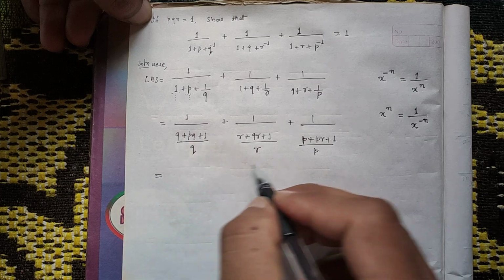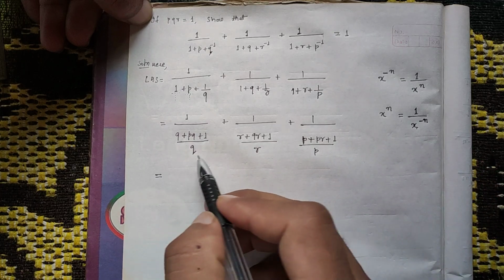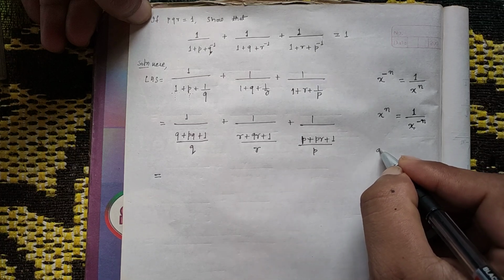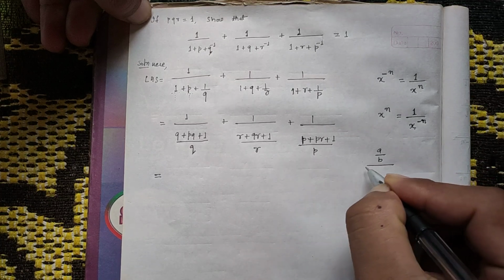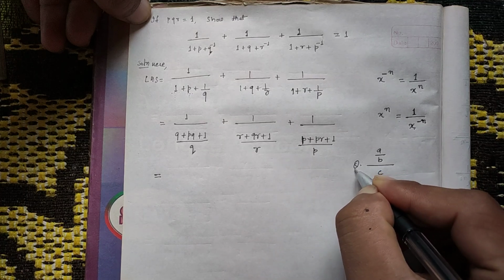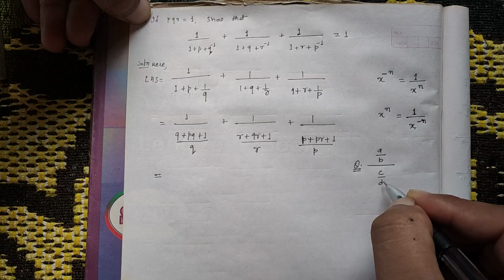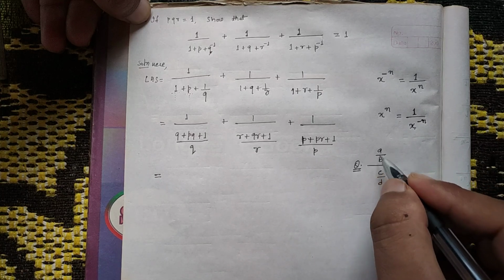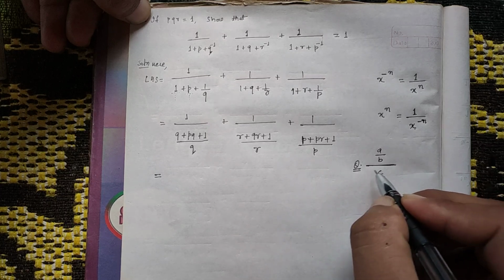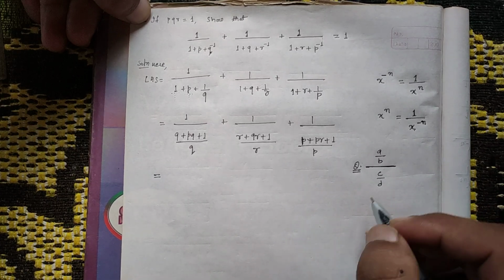Okay, now we have to take this q on the top, since, as we have seen, if there is something like this, a by b upon c by d, the denominator is again in fraction. Here this is the numerator, this is the denominator, and this symbol represents upon or division.